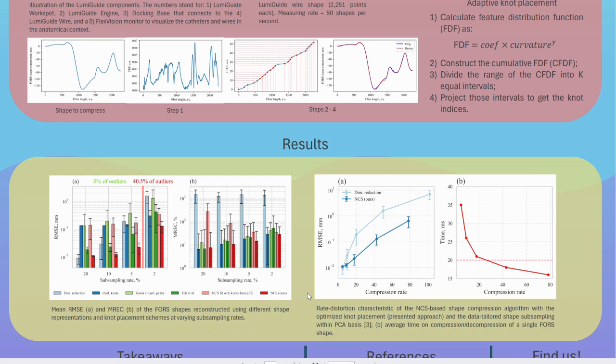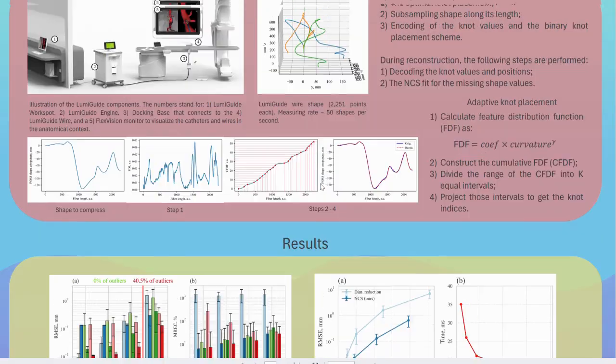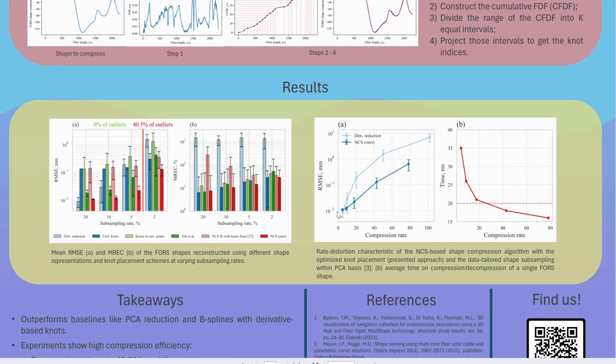There are very few methods for shape compression presented in literature, for shapes like ours, like 2D or 3D signal. A method that we compare the present algorithm to is something that was developed in our group before. It's based on dimensionality reduction and smart subsampling.